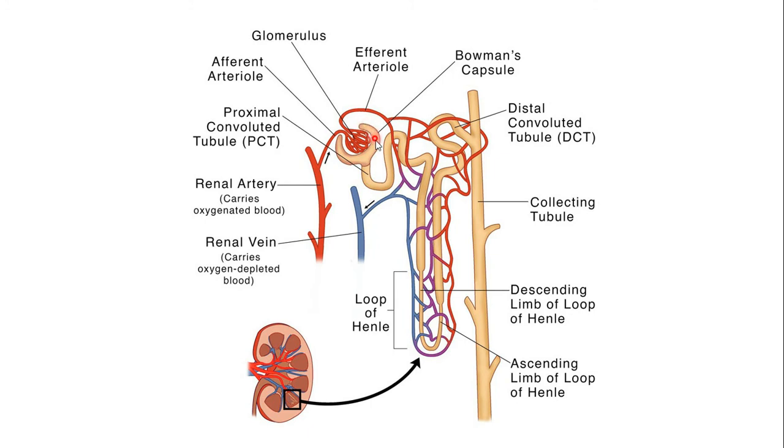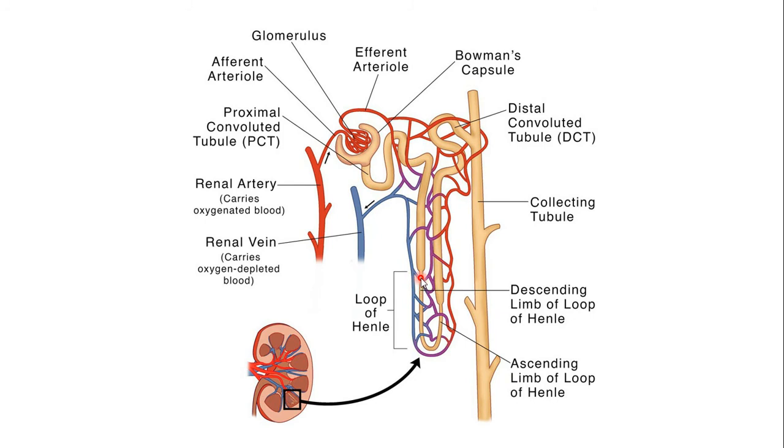Now what's holding that ball-like structure is the Bowman's capsule. If we come down here, this is the PCT, or proximal convoluted tubule. We go down and we have the loop of Henle.